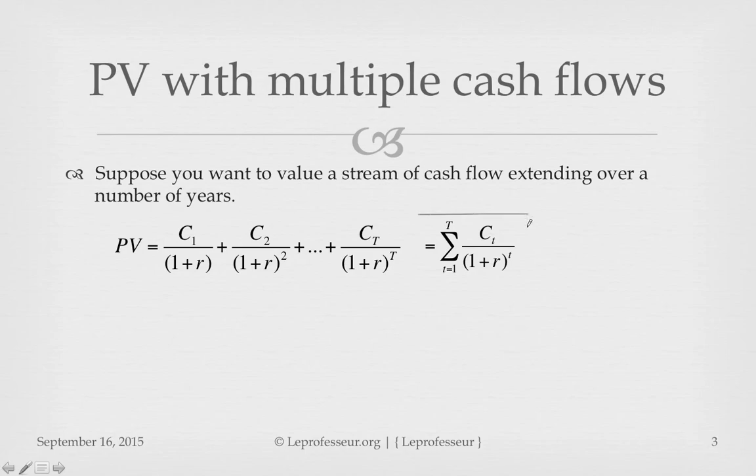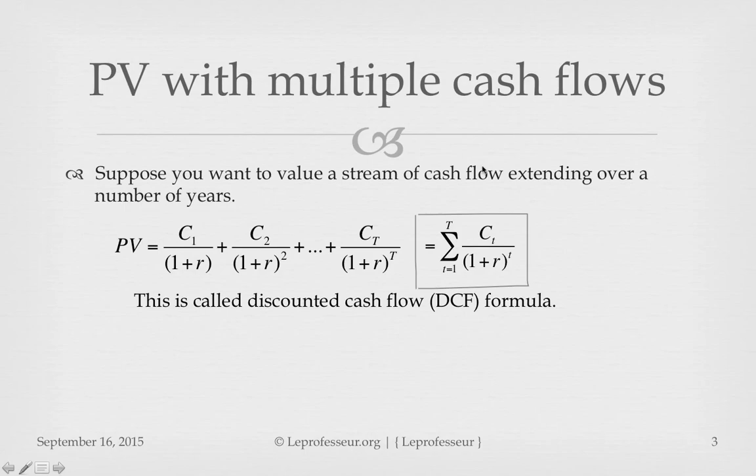So this formula, sigma cash flow after t, t is the variable here, which is in your sigma. This formula you can use to get the present value with multiple cash flows. This is called the discounted cash flow formula.